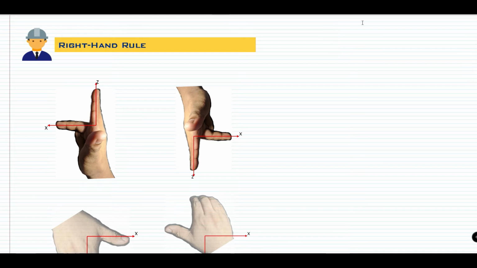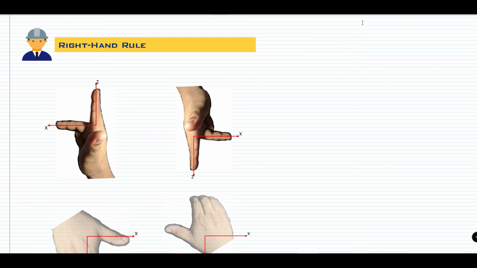So dito, una nating i-discuss yung right hand rule. Yung right hand rule, this is just a review. This is tackled on your statics. Yung right hand rule kasi, ito yung ginagamit natin, yung kanang kamay natin para makuha yung mga axis dun sa structure natin, and ito din yung ginagamit natin para makuha yung mga signs ng rotation or movements dun sa ina-analyze natin.